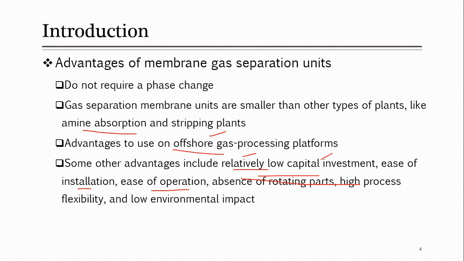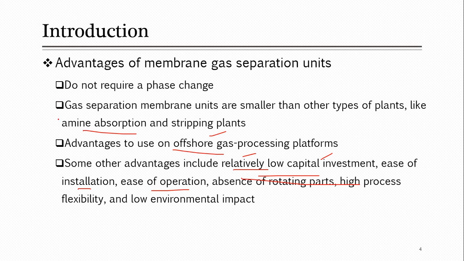Then there is high process flexibility: you can easily change the membranes, and those modules can be used for various applications. And then there is low environmental impact. For example, the largest application of these membranes is gas separation in gas plants, because we are discussing gas permeation.